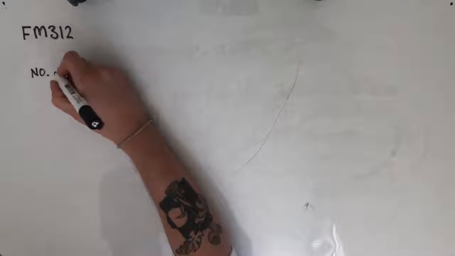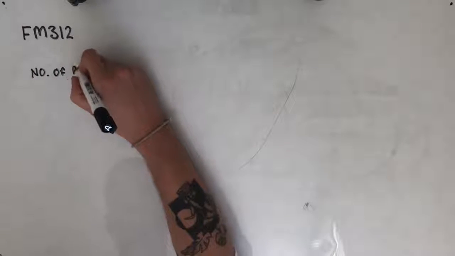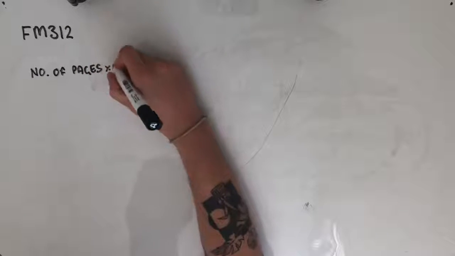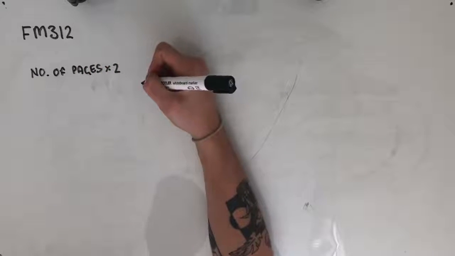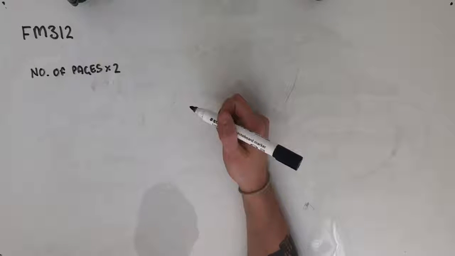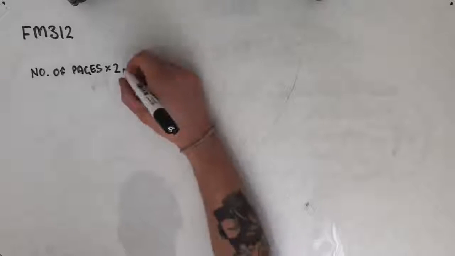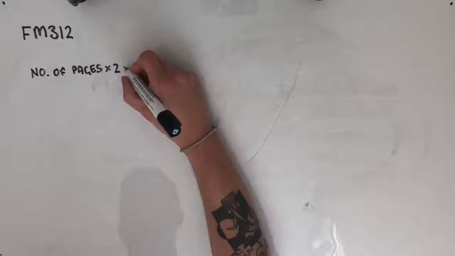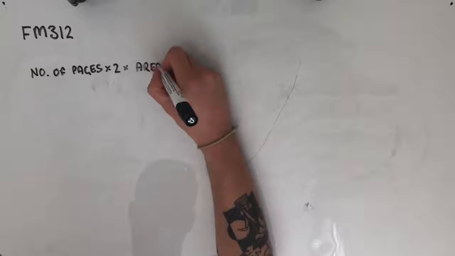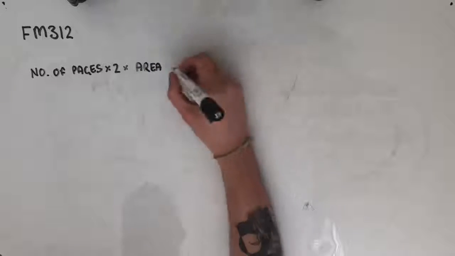We're going to want to take the number of pages and multiply that by 2 because we are looking at both sides of each page as containing surface area. And we're going to want to multiply that by the area of each of those pages.